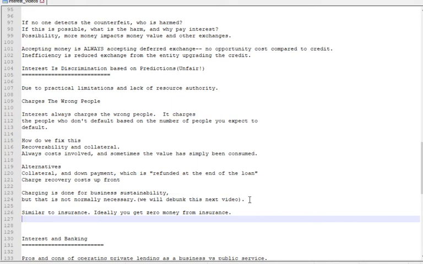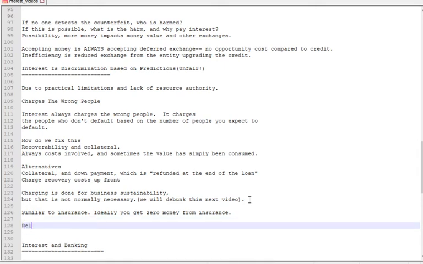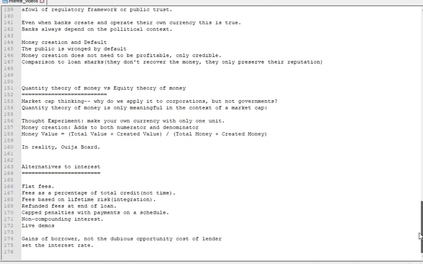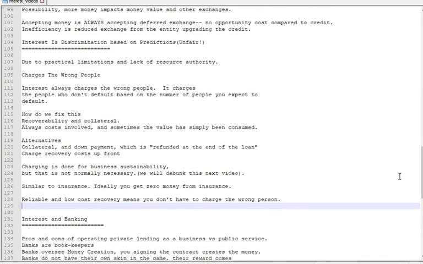So if there is a reliable and low cost means of recovery, you don't have to charge the wrong person. The other thing is you can have fees, which we'll talk about later in the last video. You can have fees based on if they don't keep the schedule, and those fees can come out of your down payment. If you keep the schedule the whole time, then that amount gets refunded.